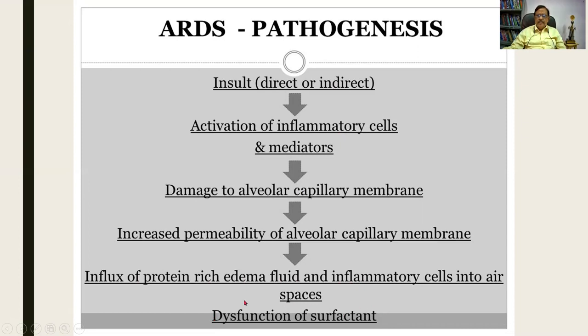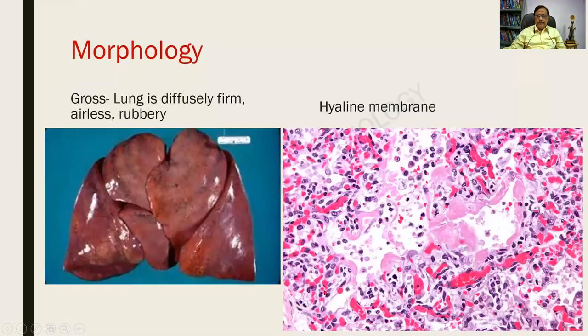It leads to a dysfunction of the surfactant. Surfactant is a substance that maintains the patency of the lung, and it helps in the exchange of gases. That is being dysfunctional because of ARDS. This particular flow I would like you people to memorize and write.